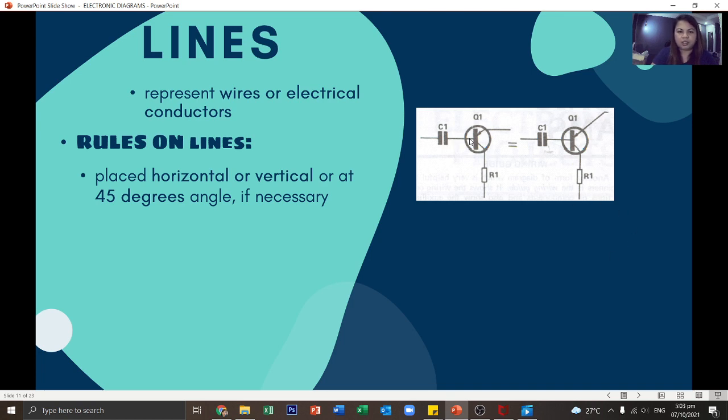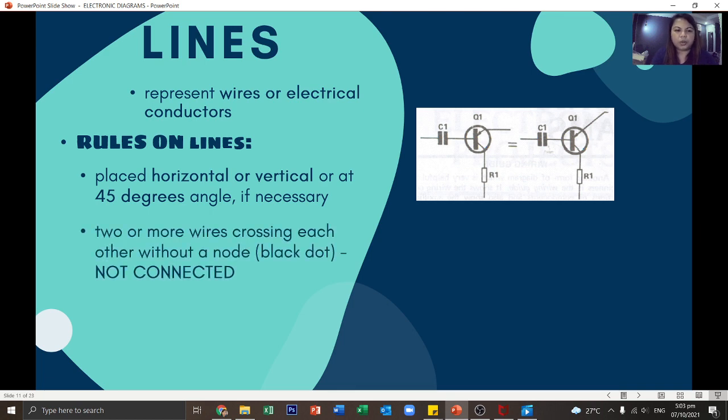So this line is horizontal, this one is vertical, and this one is at an angle of 45 degrees. By the way, these rules are agreed upon by associations of electronic engineers internationally, for example the IEEE. They are the ones who make standards, and the engineers agreed upon these rules.